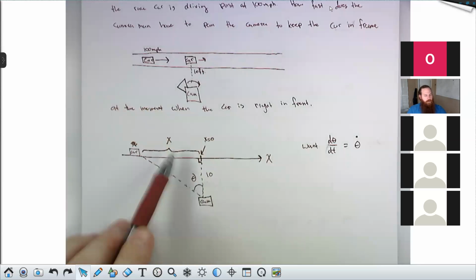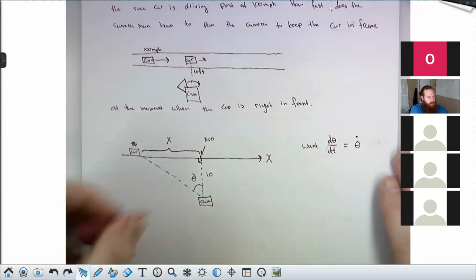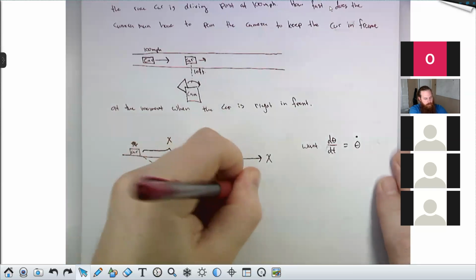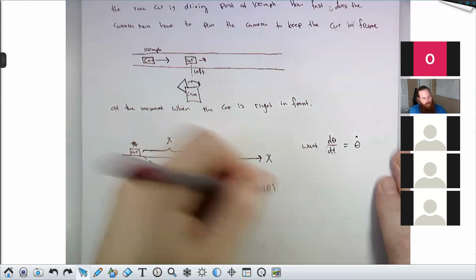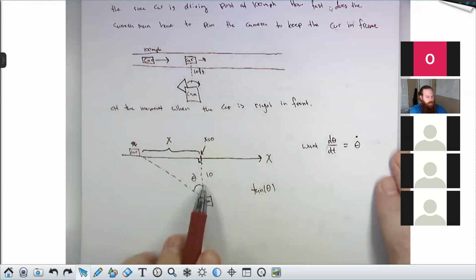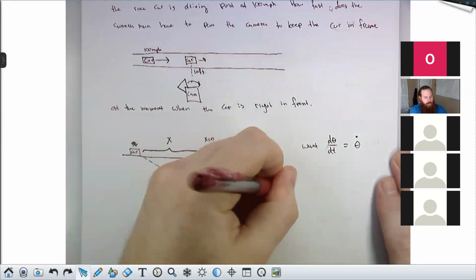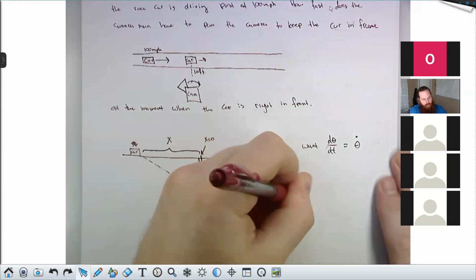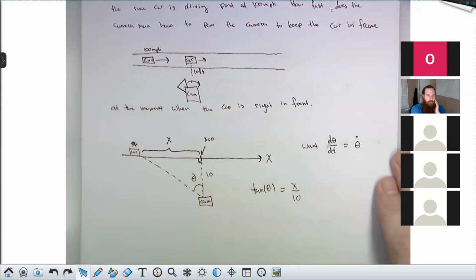But this, I meant tangent. Yeah, the tangent or cotangent would be fine. So the tangent of theta, I would use tangent, that's nicer, is the opposite over the adjacent. So if theta is down here, that's x over 10. Everybody see that?